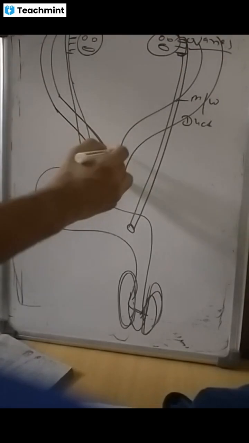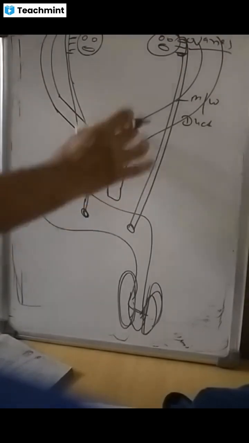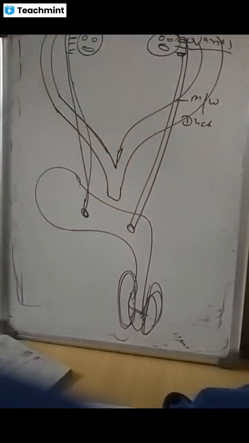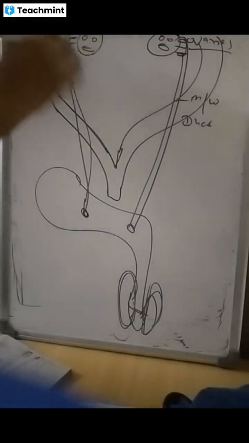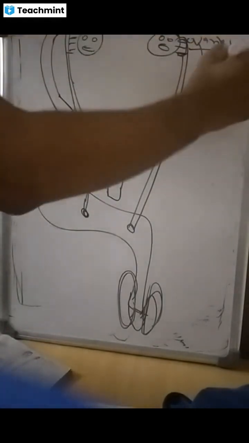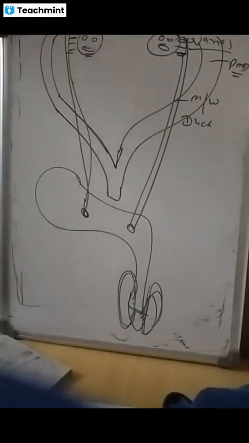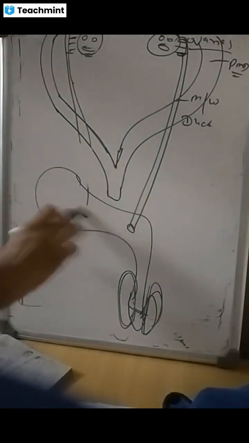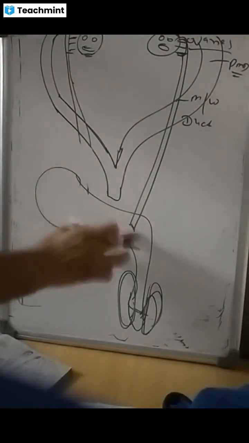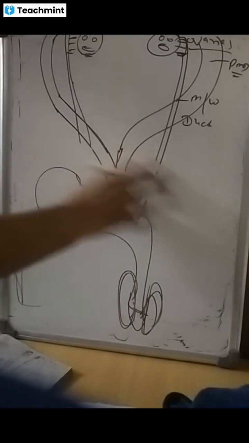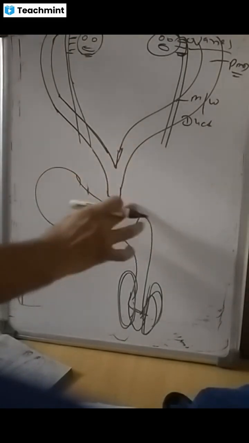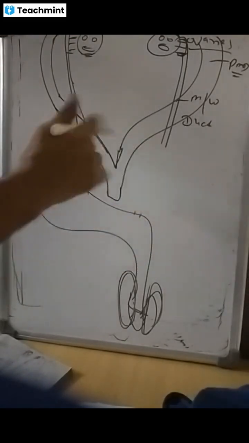So this happens in case of female. Paramesonephric duct, mesonephric duct, Müllerian duct. This is the outline. This is the mesonephric duct.